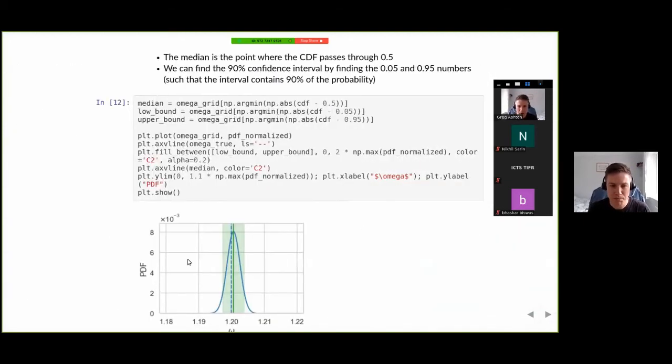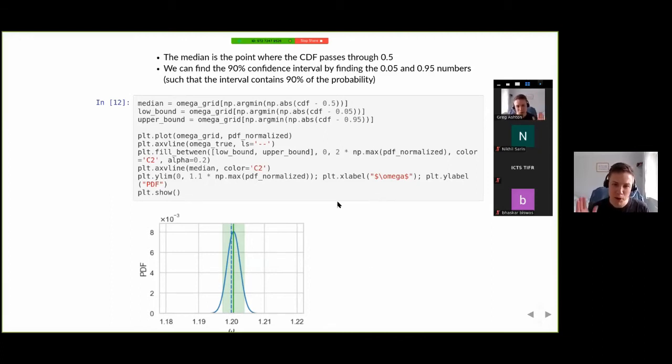You can then pull out the two points where the cumulative distribution passes through 0.05 and 0.95. So this is, in fact, the 90% credible interval, because 0.05 to 0.95 is, of course, the 90% credible interval.